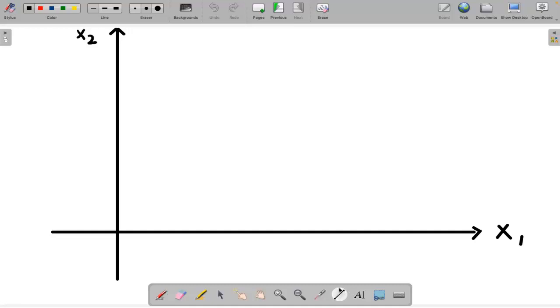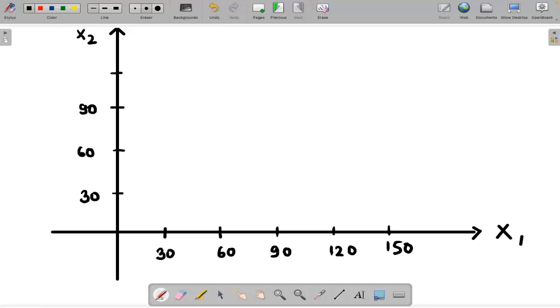Suppose I am marking at 30 intervals: this is your 30, this is 60, this is 90, this is 120, and this is 150. Again on the other axis, this is 30, 60, 90, 120, and 150. This is nothing but X2.